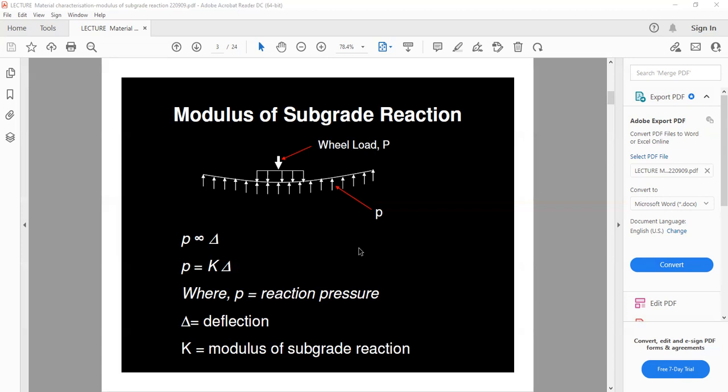So if this deflection is more, conventionally the subgrade reaction will be less, or if the reaction is more, the soil subgrade value will be higher.